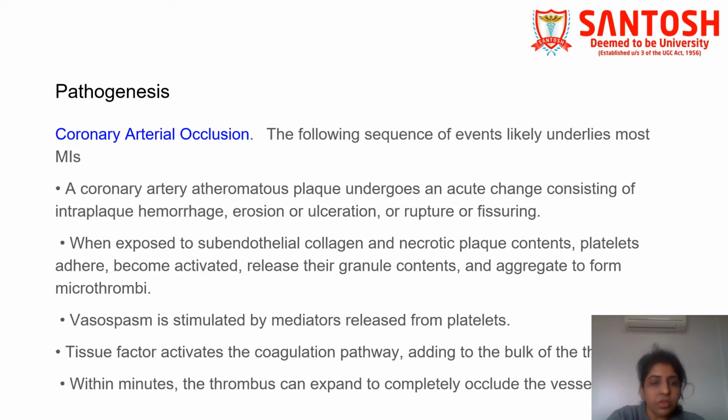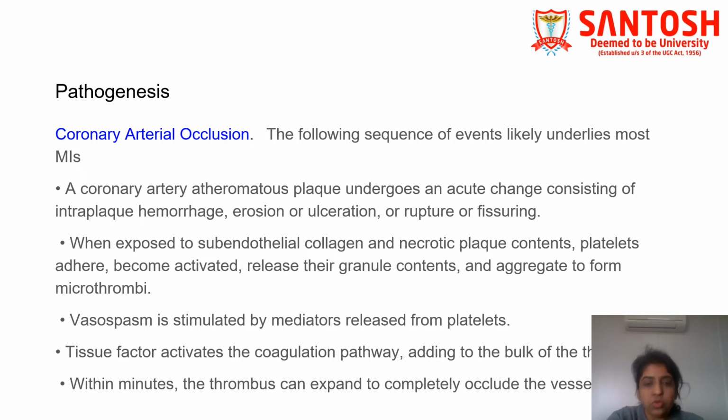The pathogenesis: coronary artery occlusion. The following sequence of events likely underlies most myocardial infarctions. A coronary artery atheromatous plaque undergoes an acute plaque change consisting of intraplaque hemorrhage, erosion or ulceration, or rupture or fissuring.